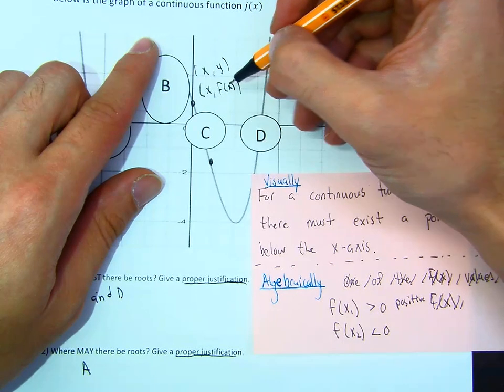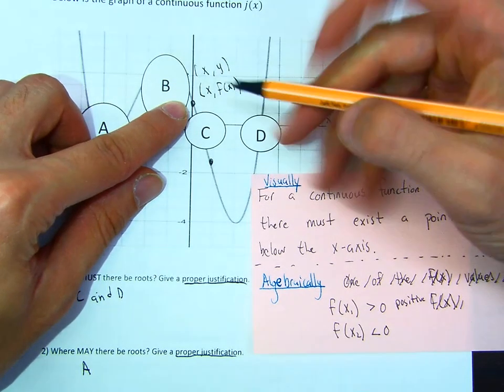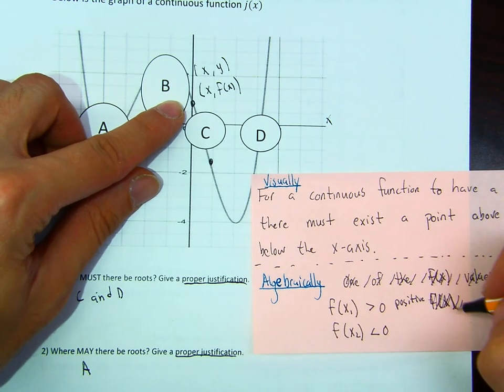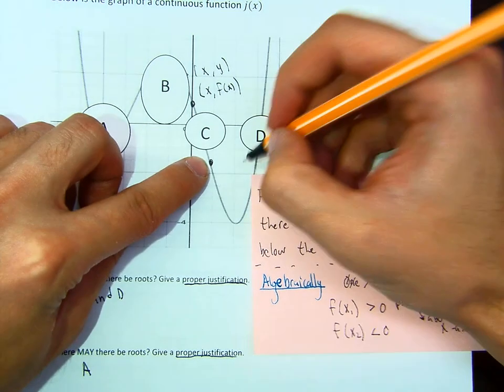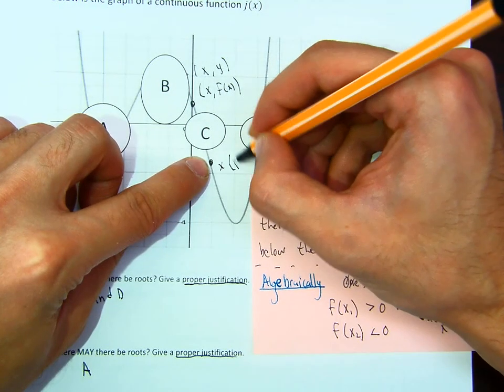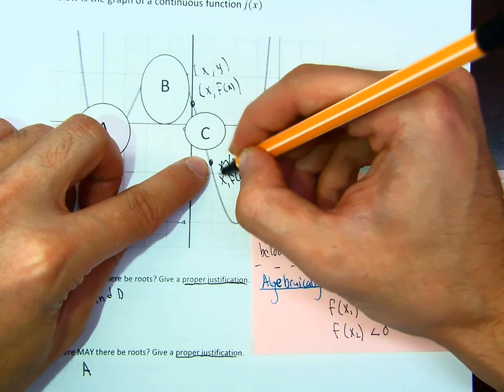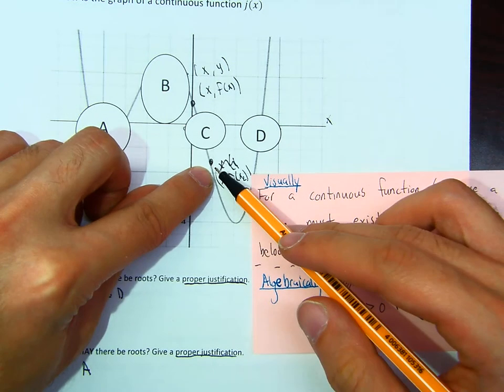Here, notice that one of my f of x values is positive, above the x-axis. Here, one of my points, f of x2, is negative and below the x-axis.